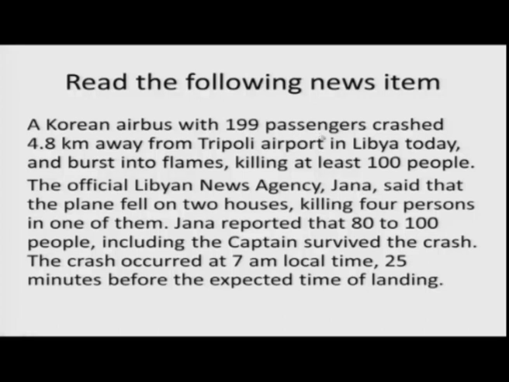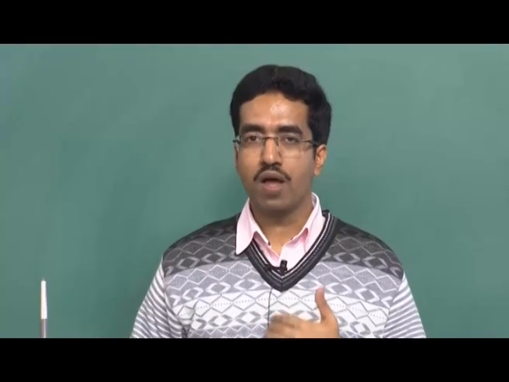So, what crashed? This is the thing. Then casualties about 100 people. Where this happened? It happened in Libya, close to Tripoli airport. At what time? 7 a.m. local time. So, these are the details, main details you would want to understand from this short paragraph.